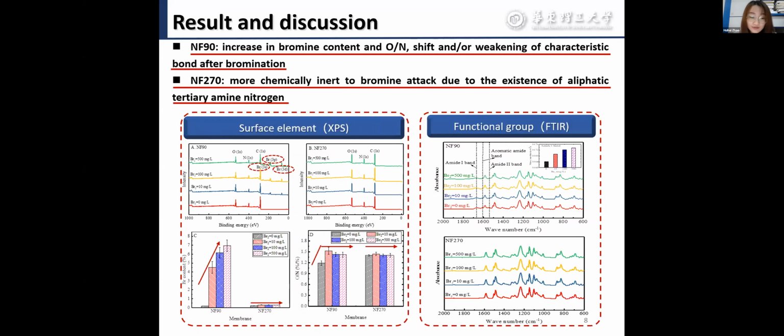And the disappearance of the amide II band and aromatic amide band may suggest that the hydrogen on amide groups and aromatic rings may be replaced by bromine by electrophilic substitution. And the FTIR spectra for NF270 didn't show a significant difference.